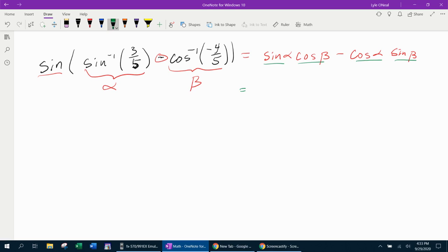All right, so now to break this down, we know that alpha is the inverse sine of 3/5. So if I bring the inverse sine to the other side, I can see that sine of alpha is 3/5. Remember that sine is y over r.